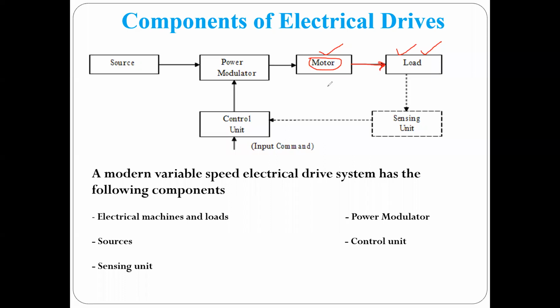To control the speed of the motor, we have to control the power, which means controlling electrical parameters like voltage, current, frequency, and so on. If you control the power which is fed to the motor, accordingly the motor speed is also varied.